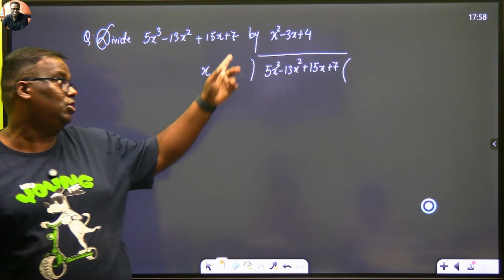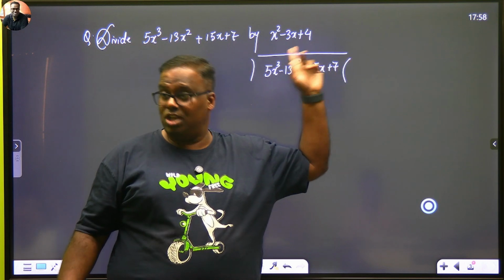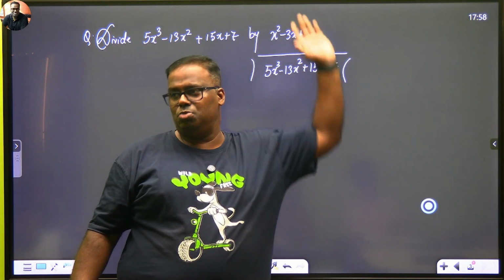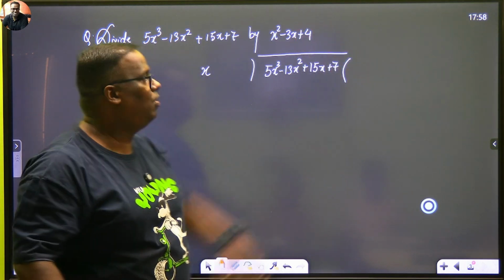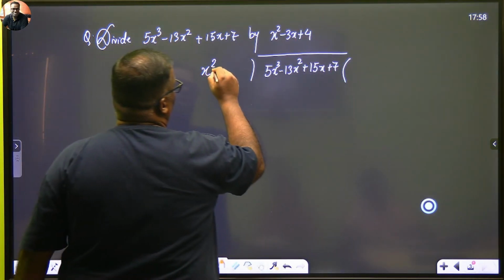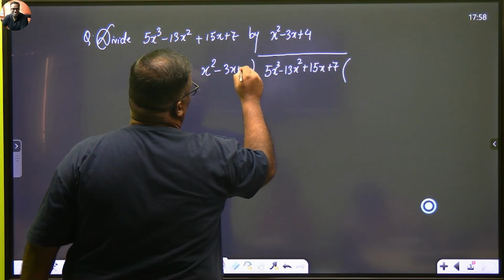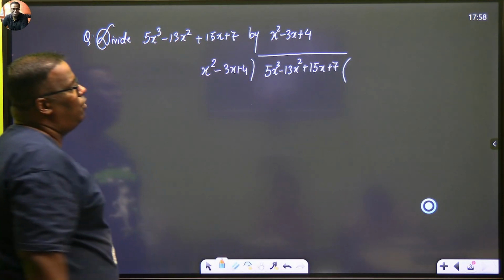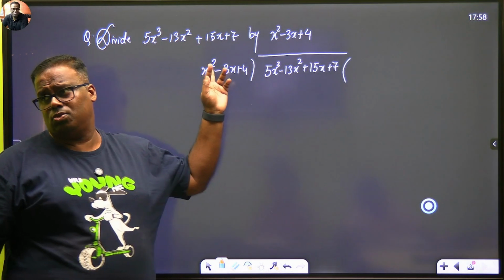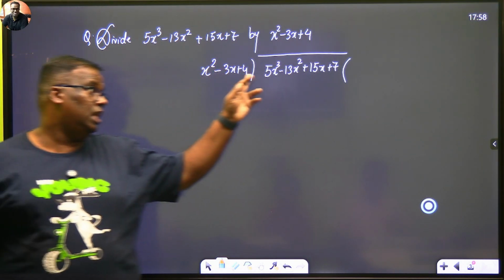Now your divisor is also a polynomial. Check whether it is also in order, all in one go. Yes, we have it. X square minus 3x plus 4. And I'm starting to do the problem in blue so that it doesn't confuse you. Our first job would be just look at x square and kill this one.